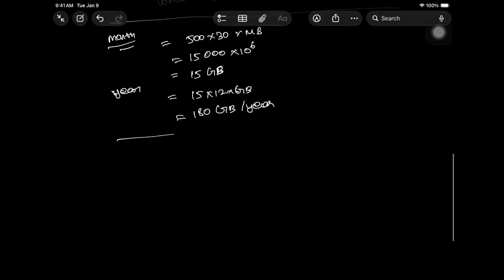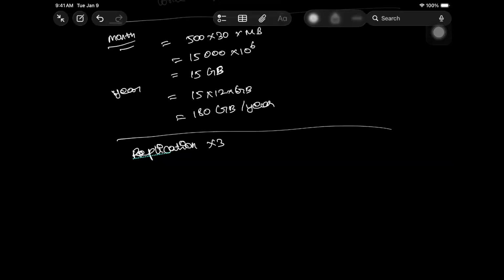And now this 180 GB per year, if we store it in a single DB, it will cause a single point of failure. So in real world systems, they will do replication, generally replication into three. Okay, so we will store three copies of the data.